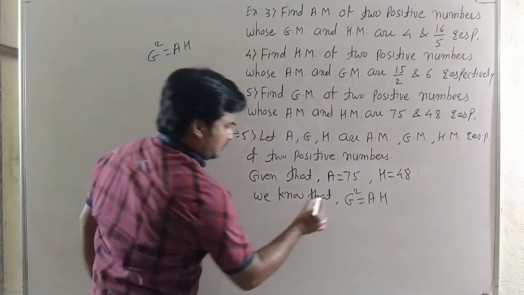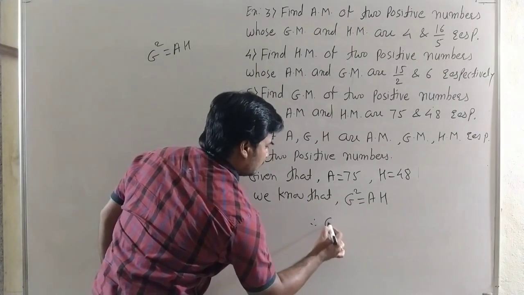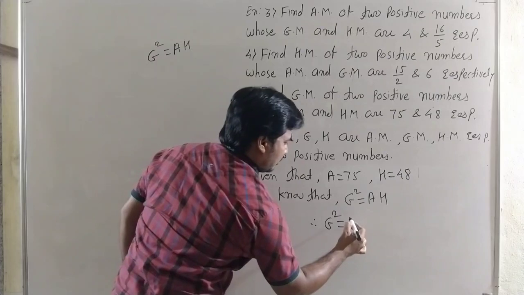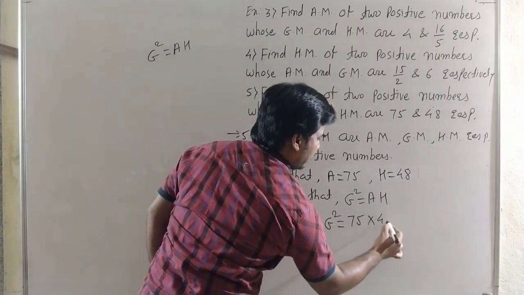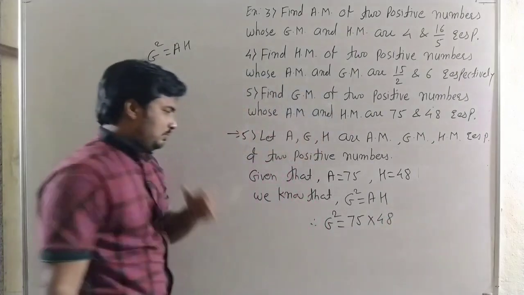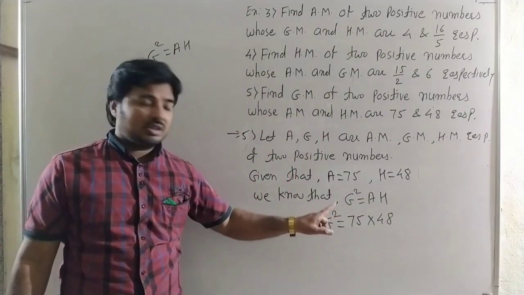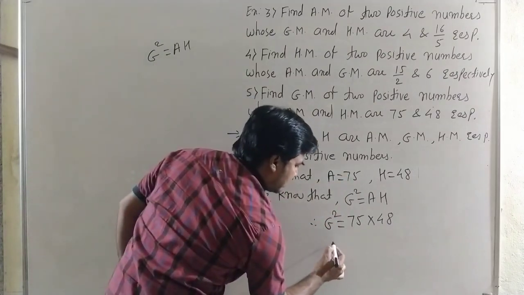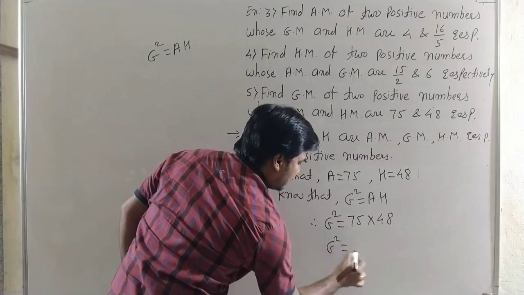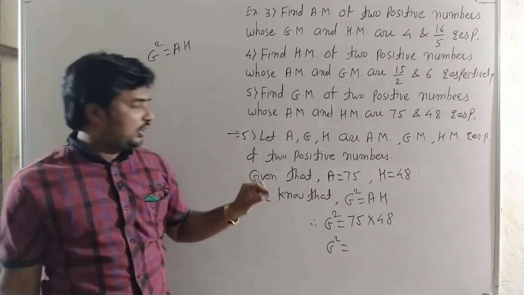Okay, now G square is equal to A into H, therefore G square is equal to 75 into 48. Okay, now here we take the calculation. G square is equal to 75 into 48. Then G square is equal to 75 into 8.